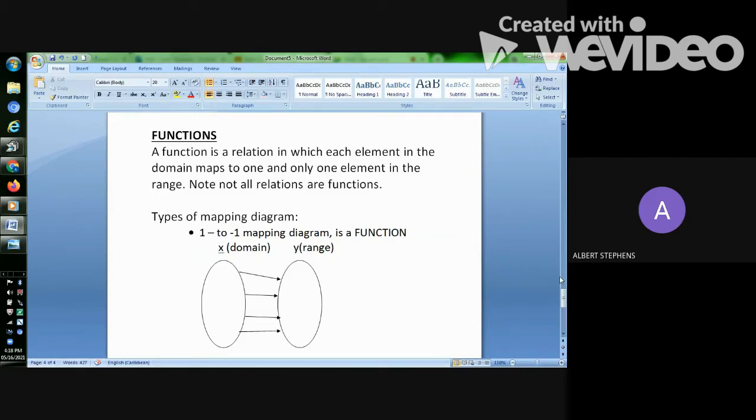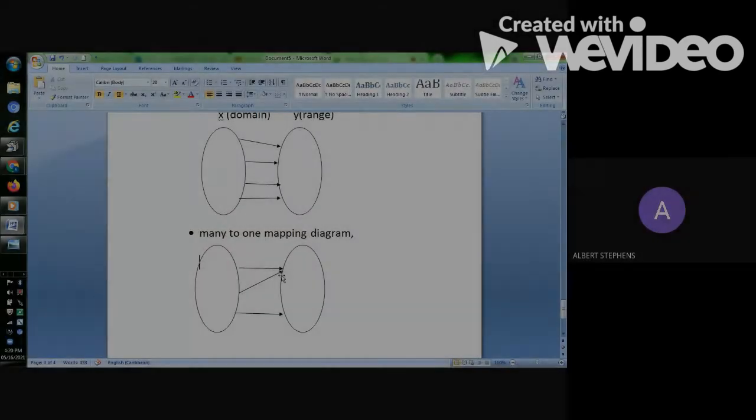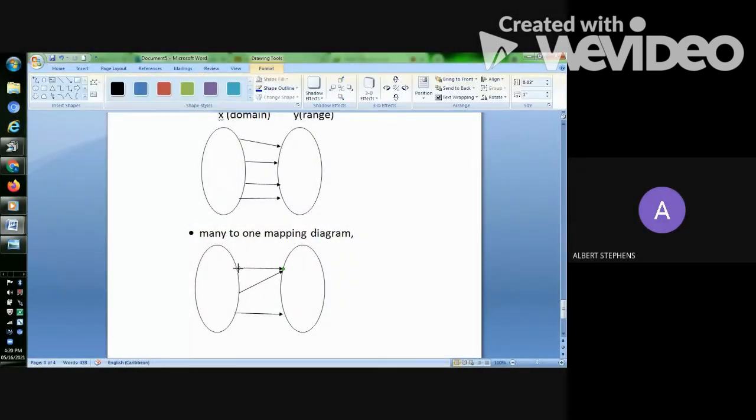All right. So let's look at another type of mapping diagram. It's called many to one. All right. What do you know about many to one diagram? What do you know about it?